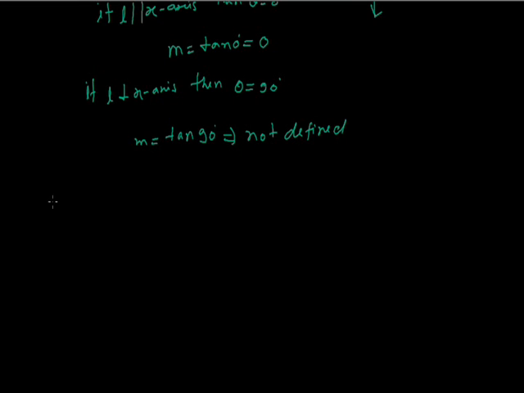Now slope in terms of coordinates of any 2 points of a line. Now how can we find it? Suppose this is a line. Now we know about 2 points of this line, like this.